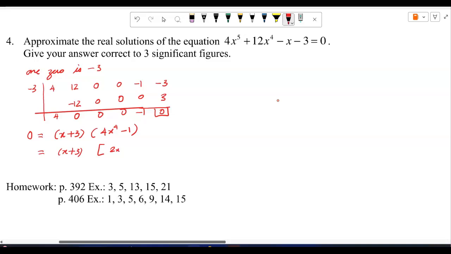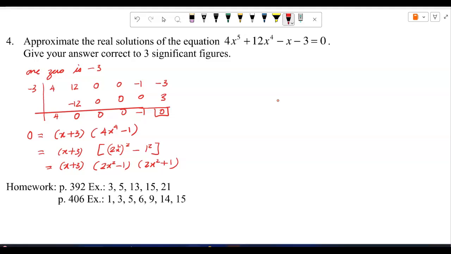Can you treat this as 2x squared minus 1 squared? Minus 1 squared will make it plus 1. So this becomes x plus 3, 2x squared minus 1, 2x squared plus 1. This would also work, correct.